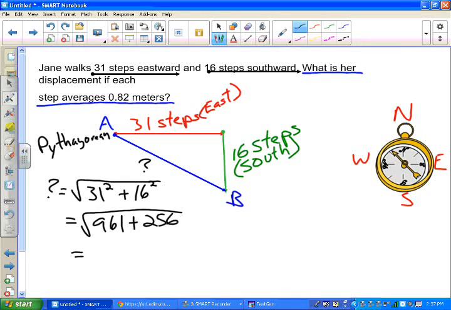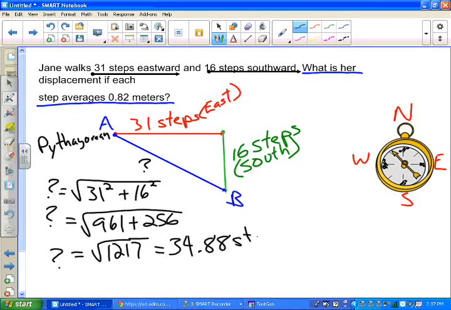If you add those up, I need to find the square root of 1217. The square root of that is about 34.88 steps. Now, I gotta keep in mind that that's 34.88 steps. So if I were to walk straight from A to B, it would take me about 34.88 steps.